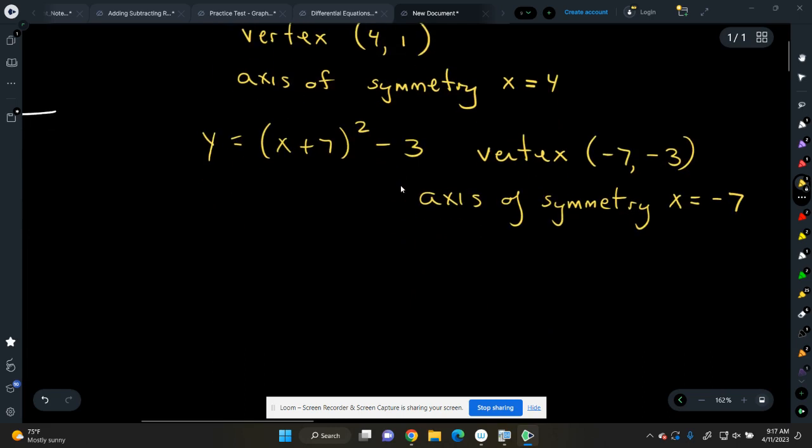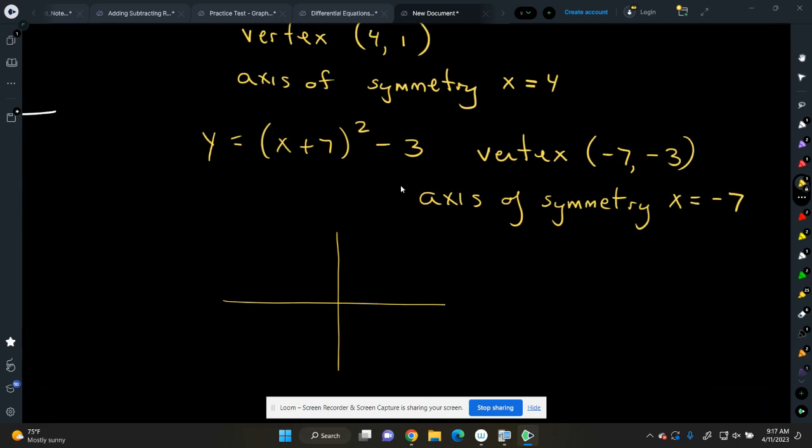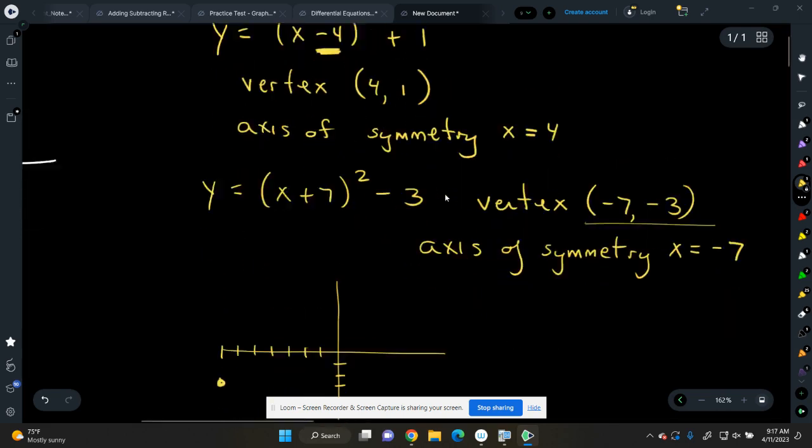Okay. Let's graph this one. How do we graph it? Go back 7. Yeah. Go to this point, (-7, -3). Down to -3. So we put that vertex point there. Is this going to open up or down?